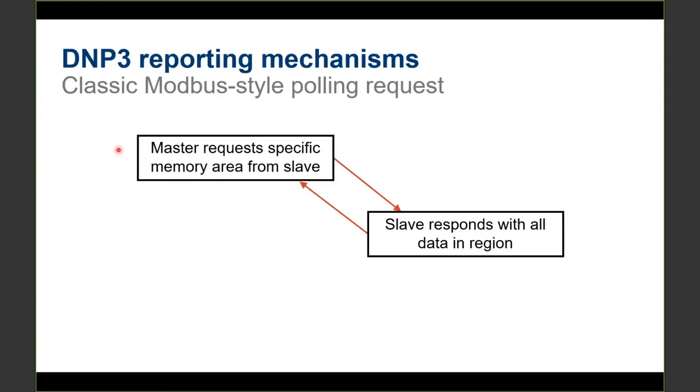As shown in this slide, in the Modbus protocol, the master station must know the memory region the data points are stored in, or the region map, or the memory register where the data is located, as Scott showed a couple of slides ago. And in this example, when the master station reads a specific region and defines how many registers will be read, the slave responds with all the data in that region.